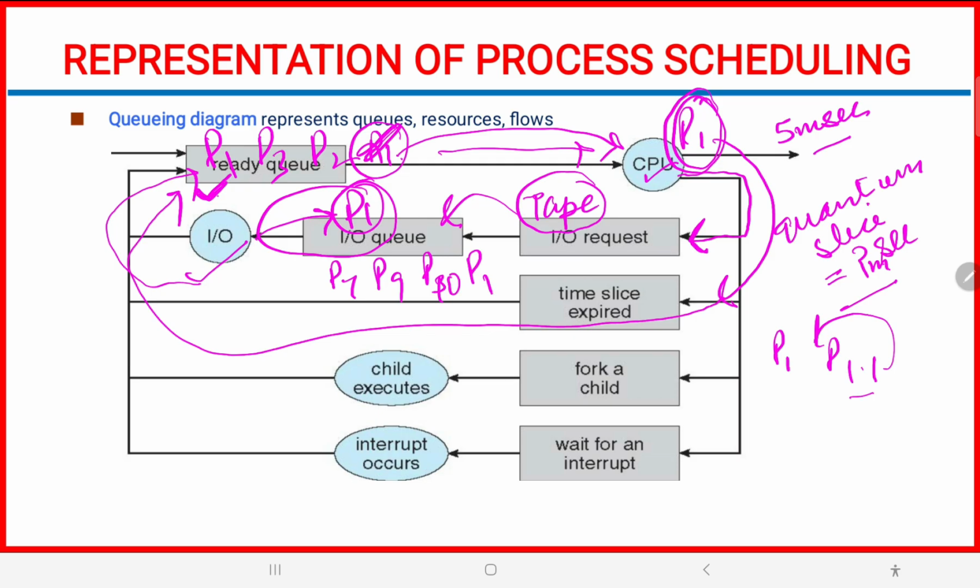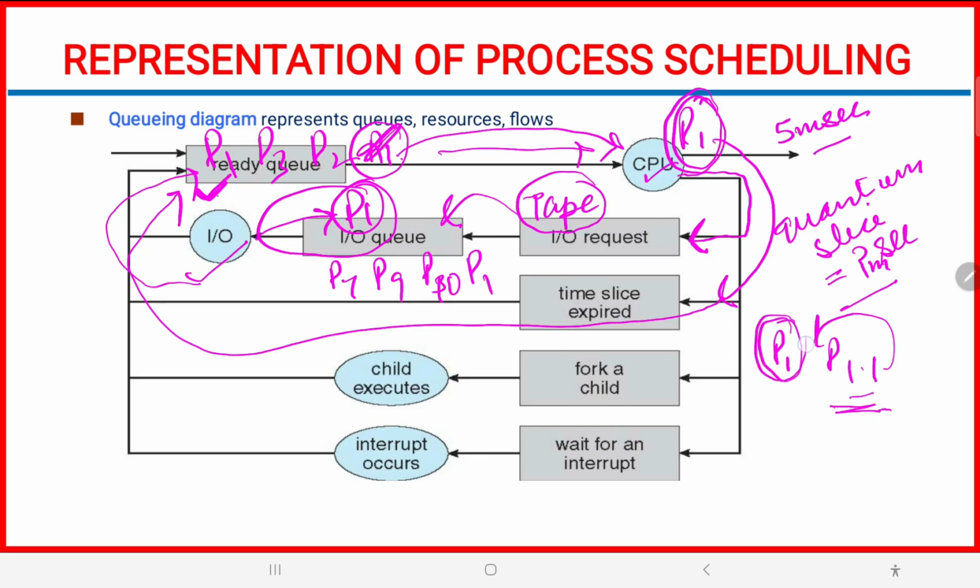So in case a new child process comes into picture, in that case process P1 itself will not continue with its execution till the time process P1.1 completes its execution.